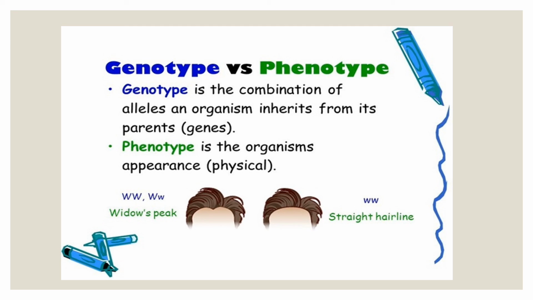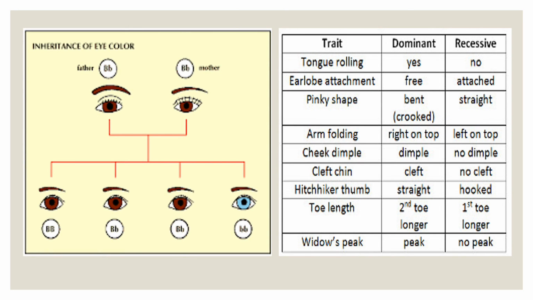Okay, this is showing that two little w's would be a straight hairline. That's recessive. Most people have the tiniest little widow's peak. So that would be either both capital W's or a capital W with a little w. Let's look at some. Oh, look, there's an eye trait right there.